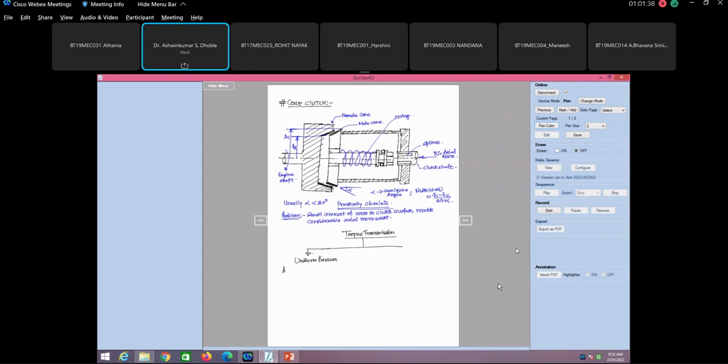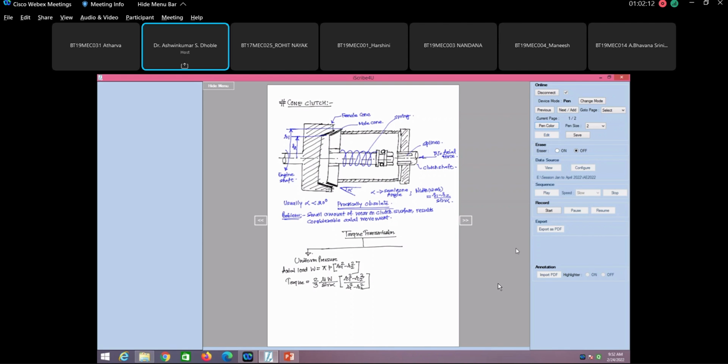So the axial load W has the expression pi P in bracket R1 square minus R2 square. Then the frictional torque is equal to 2 by 3 mu W divided by sine of alpha, in bracket R1 cube minus R2 cube divided by R1 square minus R2 square.